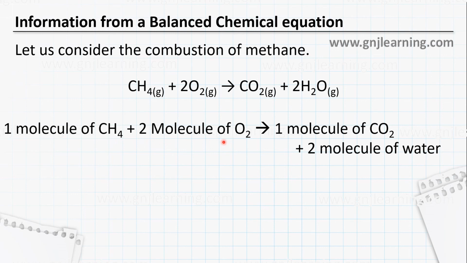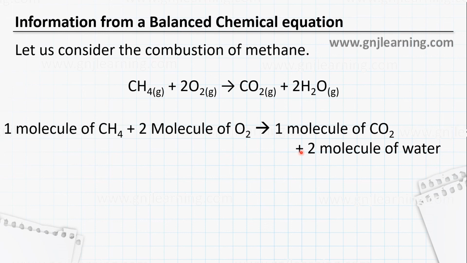Instead of that, if I am taking 100 molecules of CH4, how many molecules of oxygen are required? 200 molecules of oxygen. Then how much carbon dioxide will I get? I will get 100 molecules of carbon dioxide and 200 molecules of water.